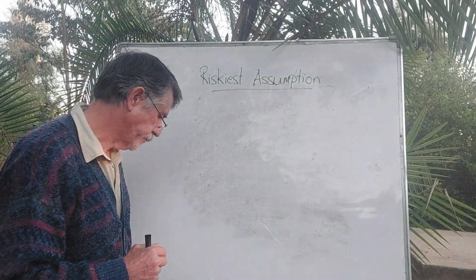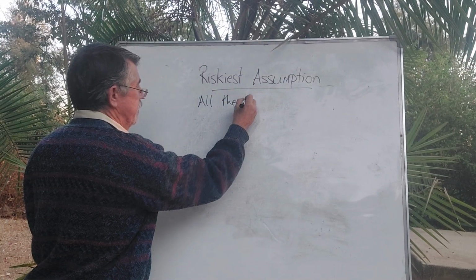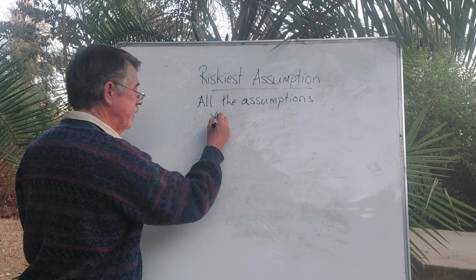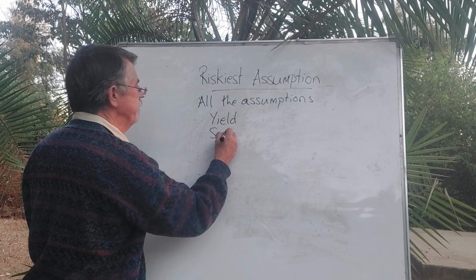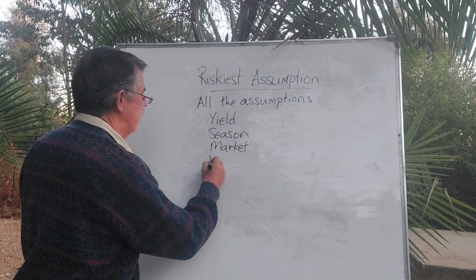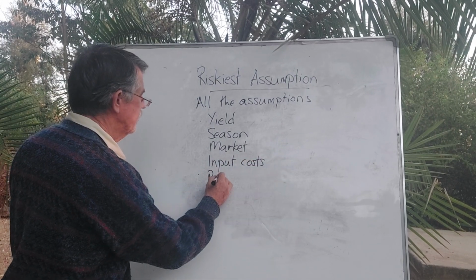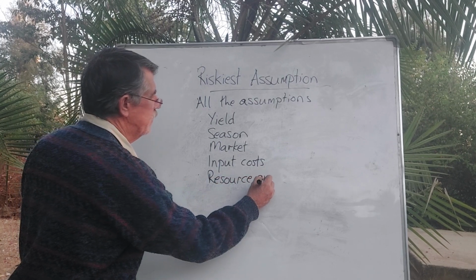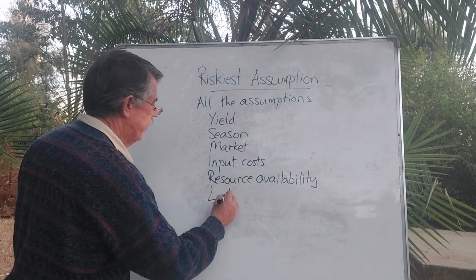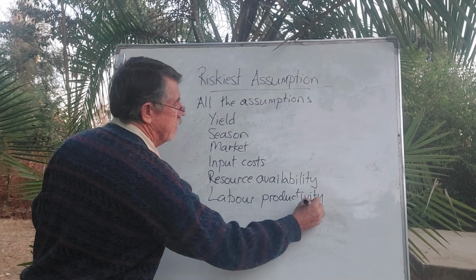So here you look at all the assumptions such as yield, season, market, input costs, resource availability, labor, productivity, and so on.